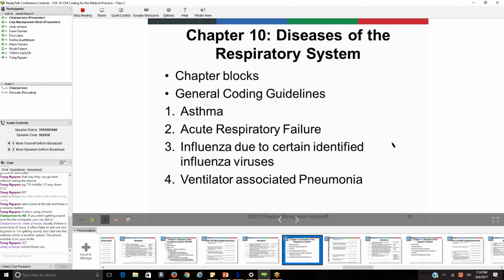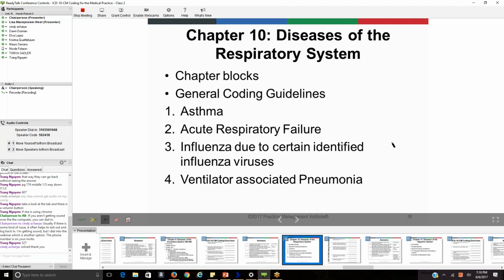There are also characters to indicate that the patient has status asthmaticus, or chronic asthma with acute exacerbation. In other words, an asthmatic flare-up. There are some examples of that on page 65 that you can look at.